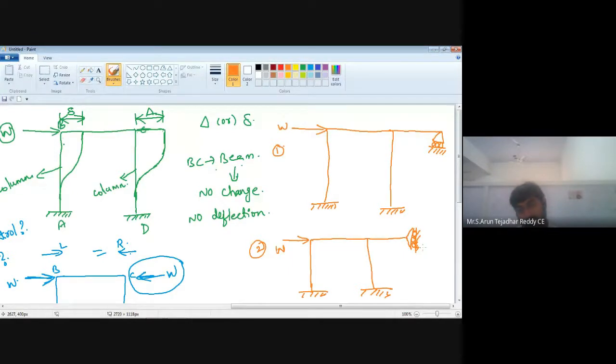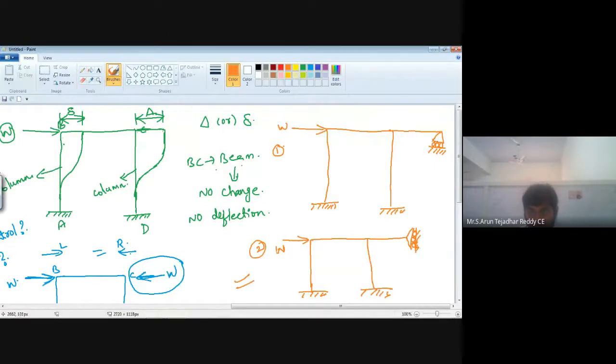Students, very easy. See, a roller support has only one vertical reaction. You know the answer, but you are not opening your mouth. Which one? Second one. Yes, exactly. So the second one is satisfied, so it will control our deflection. Why not the first diagram? Why the second diagram?